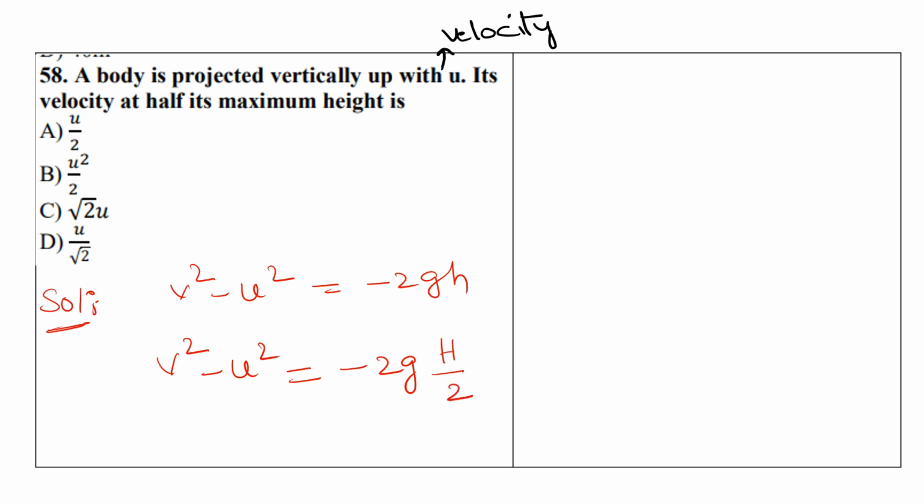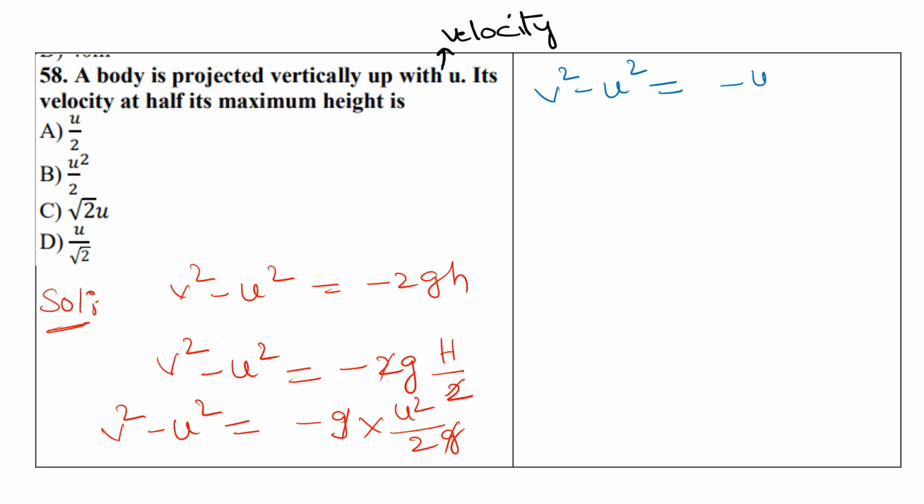So v square minus u square is equal to, the 2 gets cancelled, minus g into maximum height, nothing but u square by 2g. This g gets cancelled. So we are getting v square minus u square is equal to minus u square by 2. So v square is equal to minus u square by 2, and minus u square becomes plus u square.